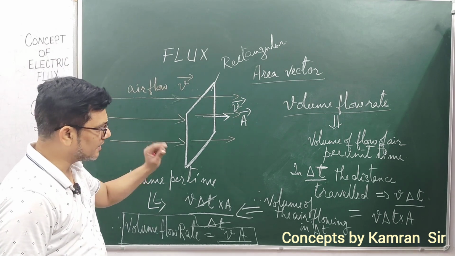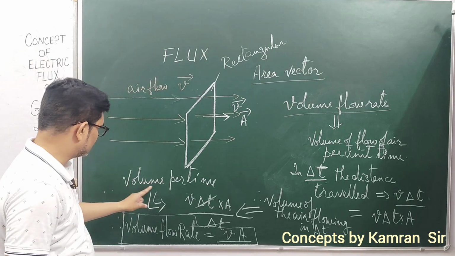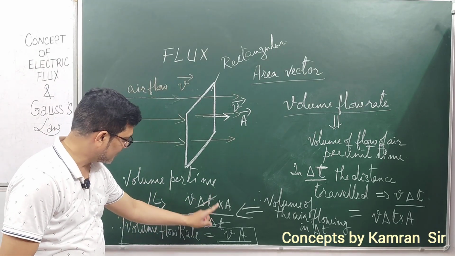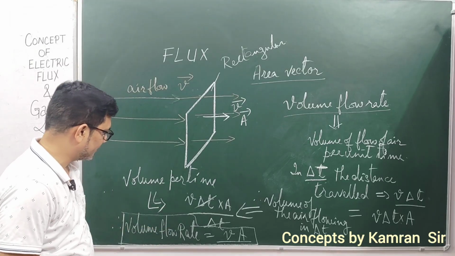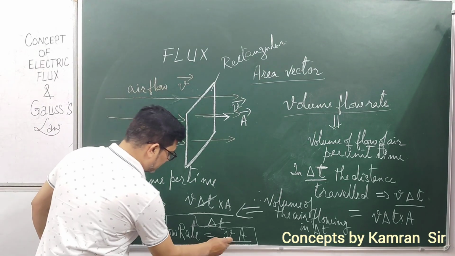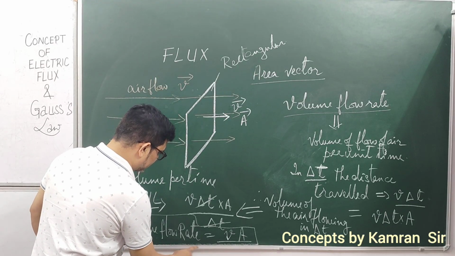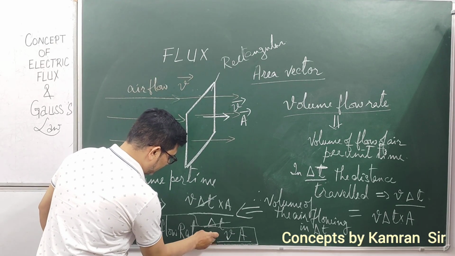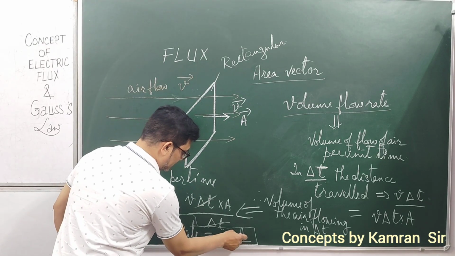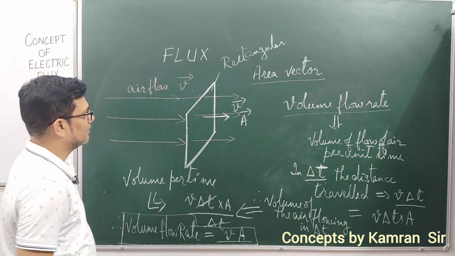So in 1 unit time, what is the volume of flow of air through this loop? Per unit time, we divide by delta t, and these two quantities cancel, and now we get a relation showing that volume flow rate is equal to velocity times the given area of the loop. This is the relation that we got.